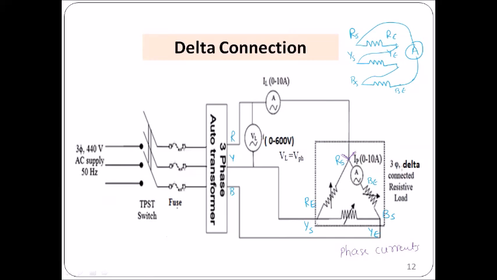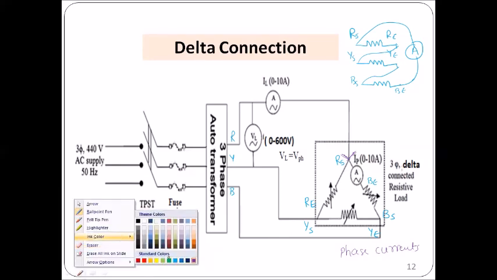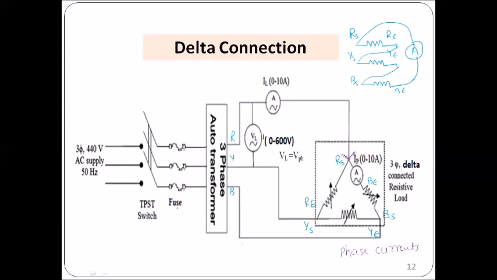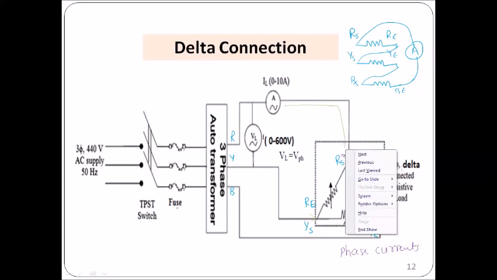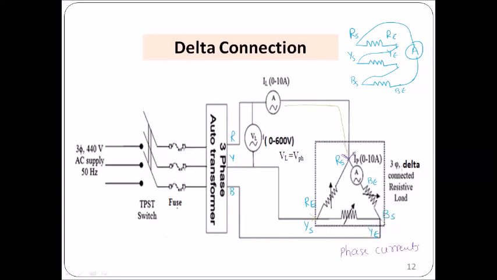And remember that this line current is always greater than the phase current, that is, it is root 3 times the phase current. The interpretation we can get by looking at the circuit: whenever this current flows up to this point, because there is a junction here, the current gets divided into two components.